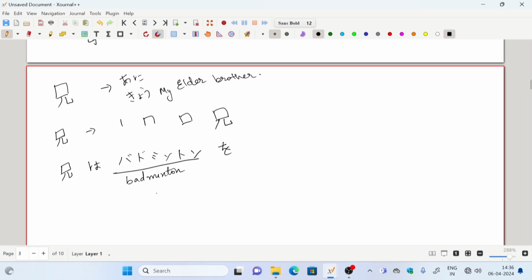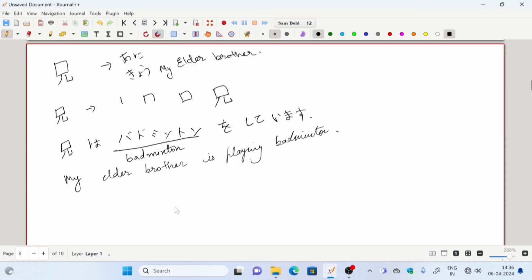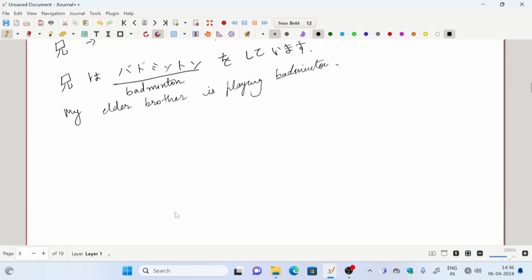Badminton o shite imasu. Present continuous. My elder brother is playing badminton. Okay. Next kanji is elder sister, that is ane.